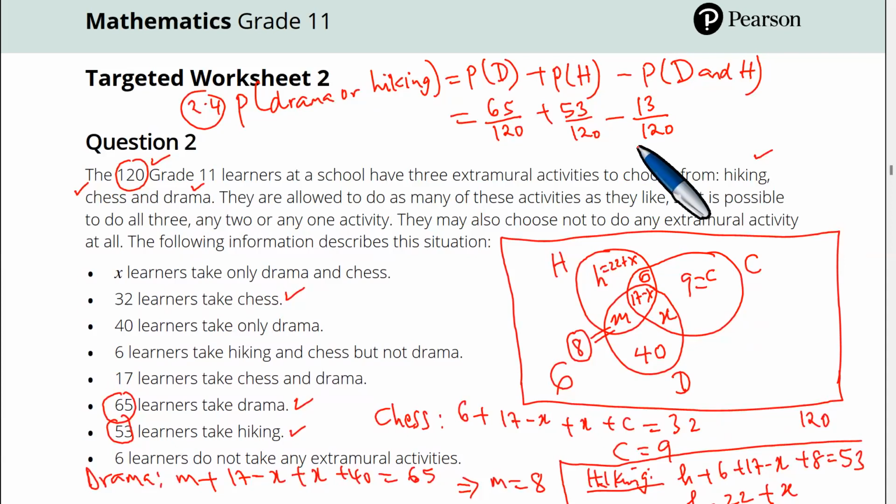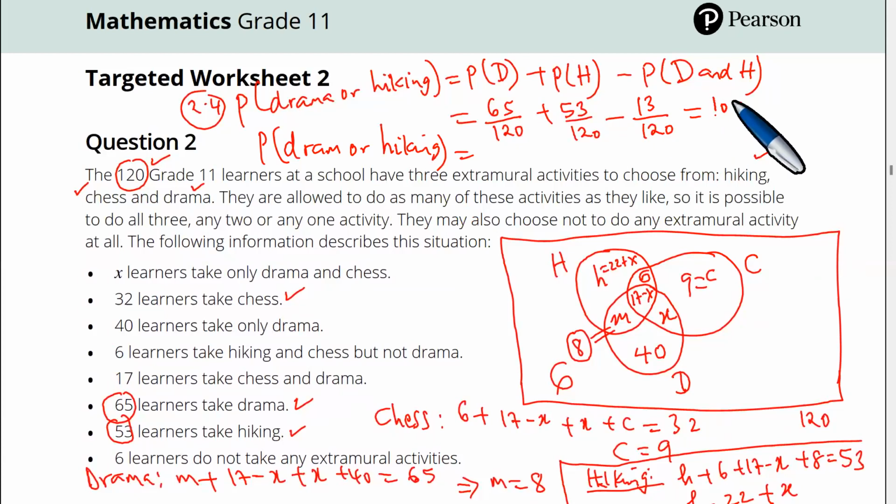So what is the probability here? The probability of drama or hiking, which we called capital D and capital H, it's going to become what? If you add everything up here, you add this and that, subtract 13, you get 105 out of 120.